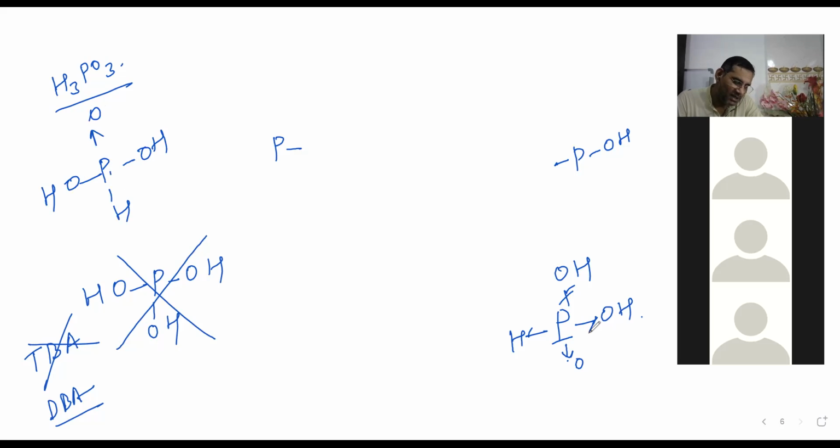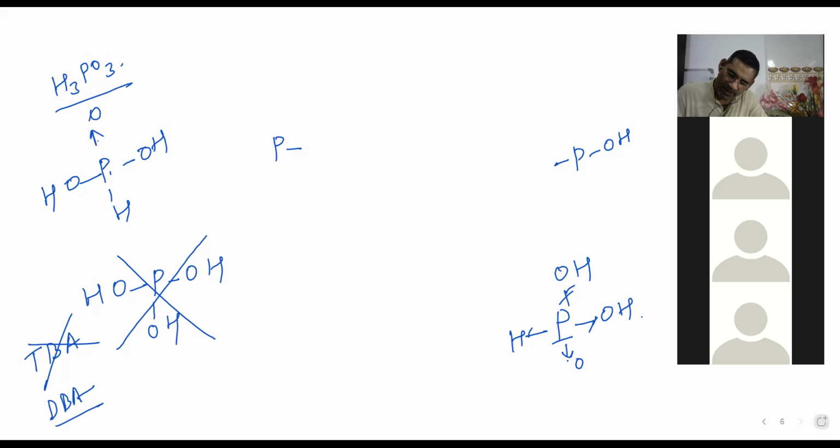Now after completing the octet, if any other bond can be formed, that can only be a coordinate bond, dative bond or bipolar bond. As I told you yesterday too, no other bond can ever be formed except the coordinate or dative bond after completing the octet. So this is H3PO3.